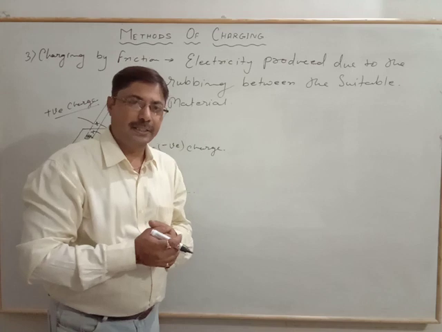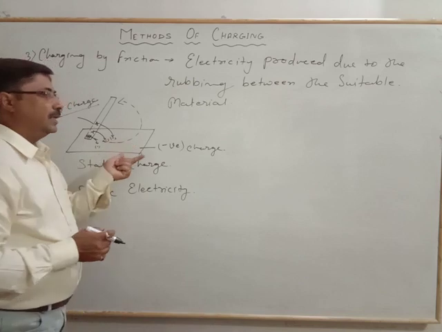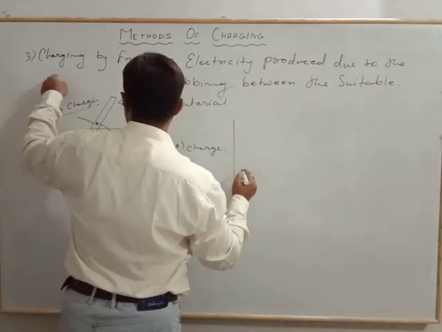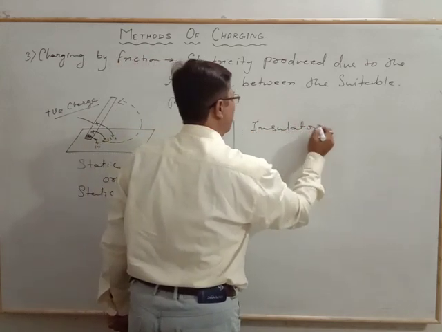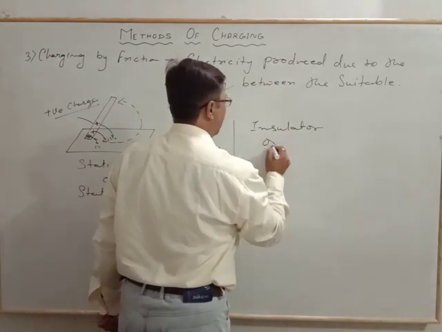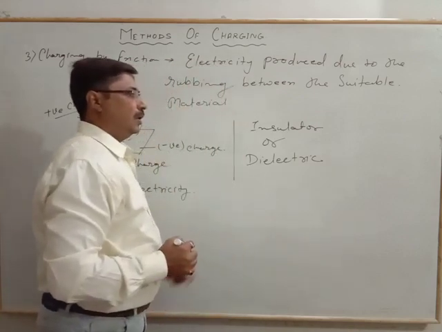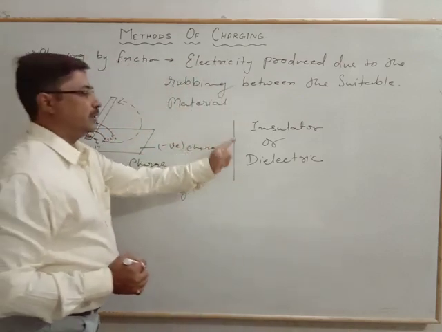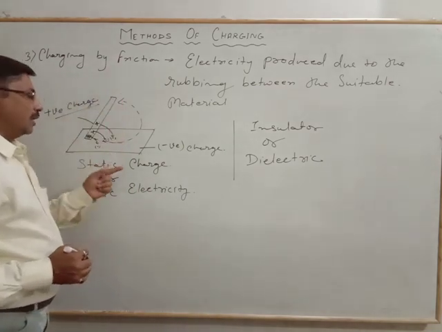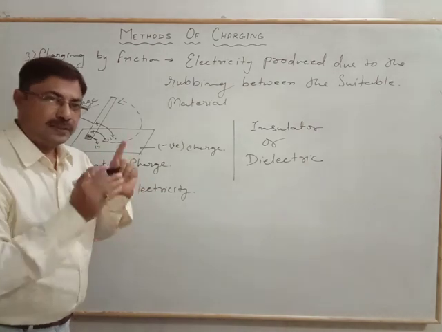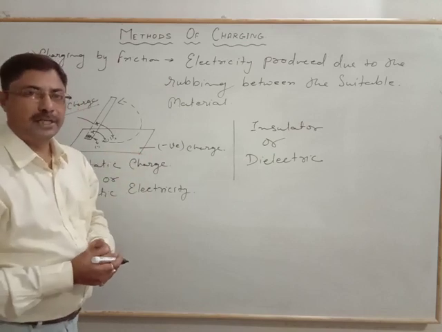That means charging by friction occurs in an insulator or dielectric, not in a conductor. In an insulator or dielectric the material will charge and the charge will stay at the particular region. It will not move because there is no way for it to move.